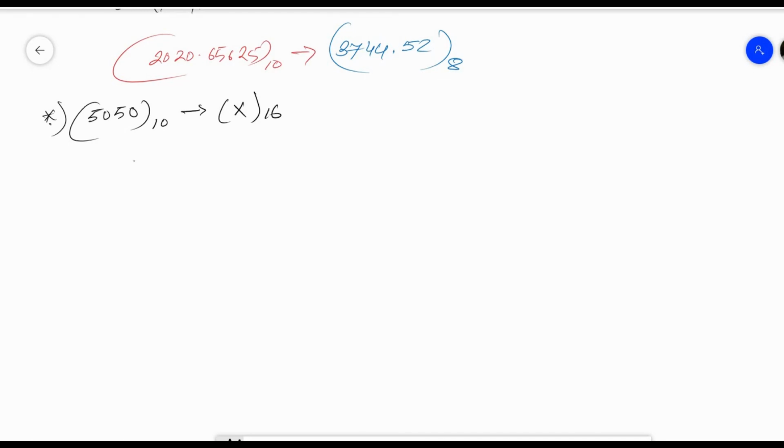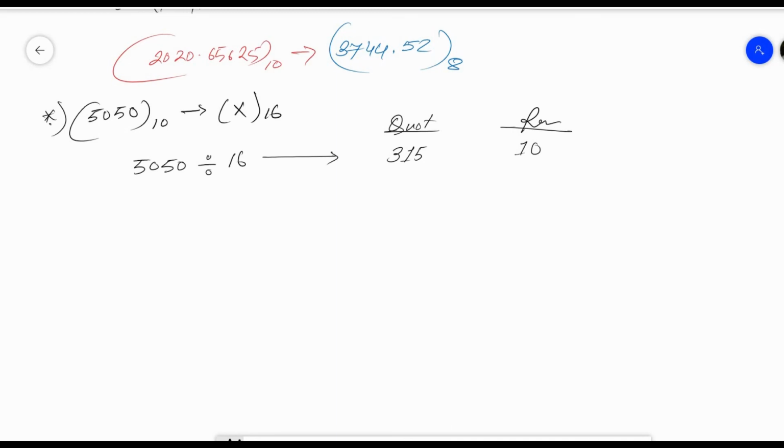So we'll follow the same way. 5050, we'll do division for the whole part, division by 16, and we have here again the quotient and the remainder part. So we get 315 as quotient, and we get remainder 10.